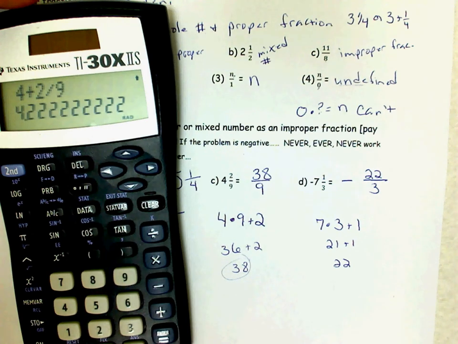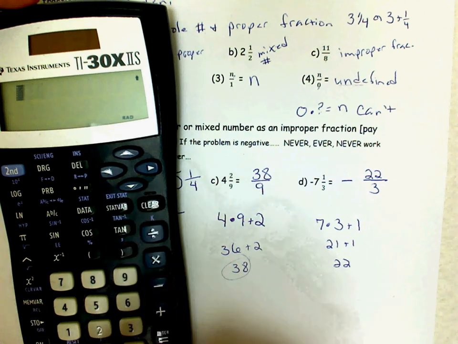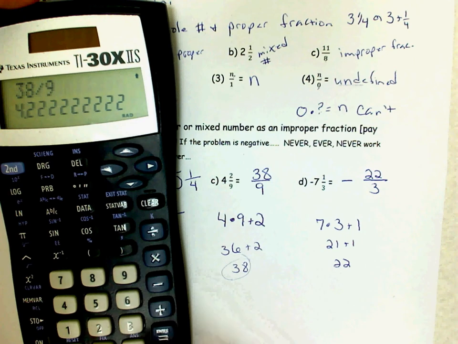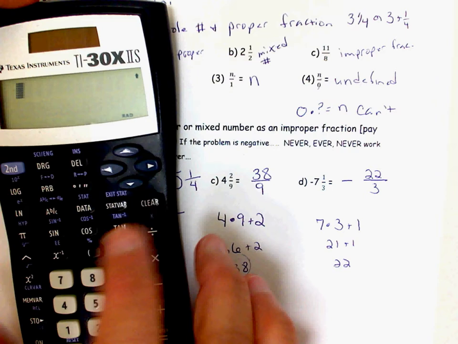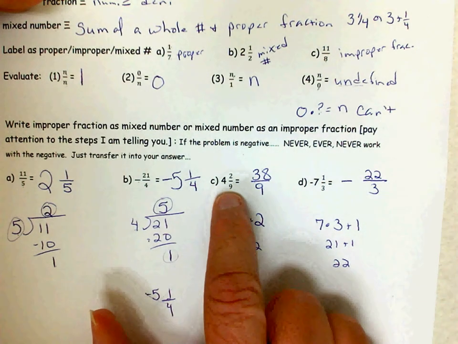Alright. Now, if I take 38 divided by 9, guess what? I get that same ugly answer. So, that shows me that 4 2/9 is the exact same answer as 38 over 9.